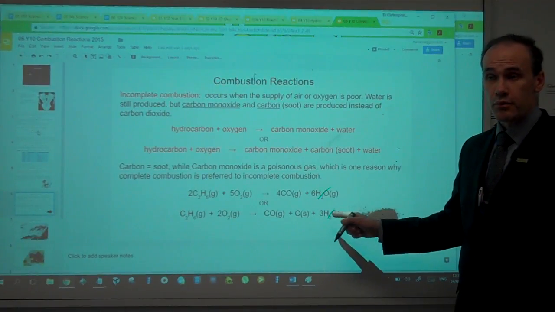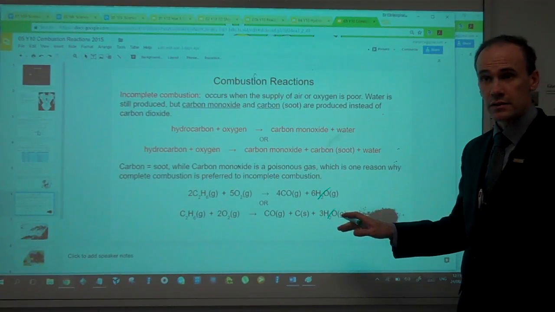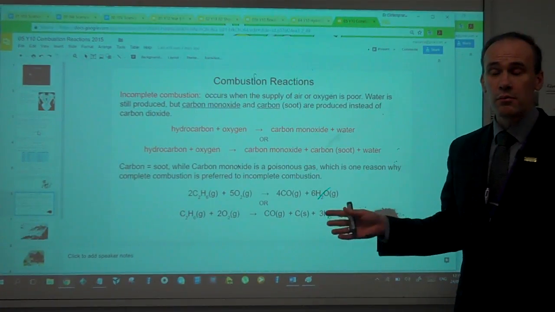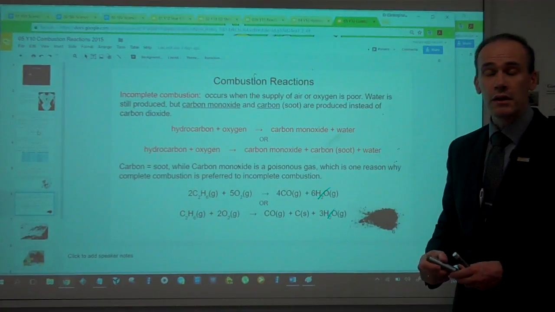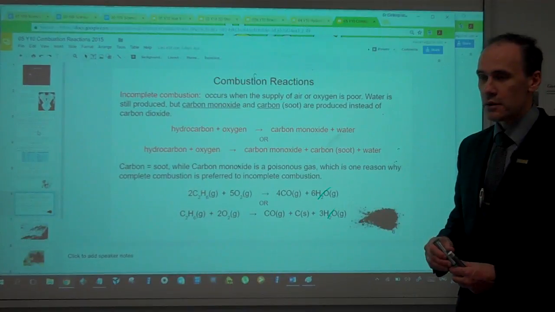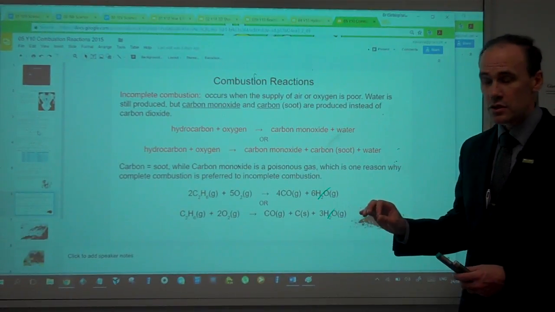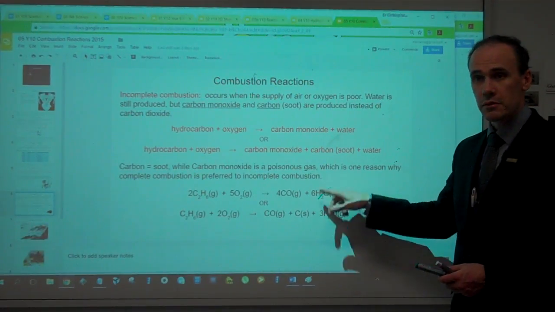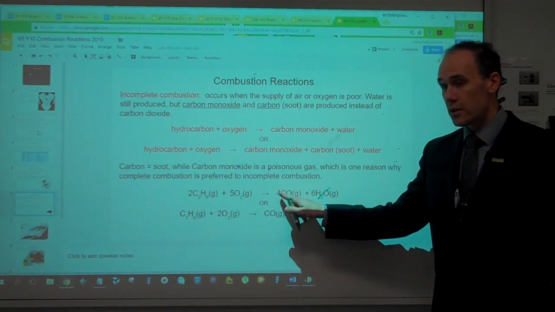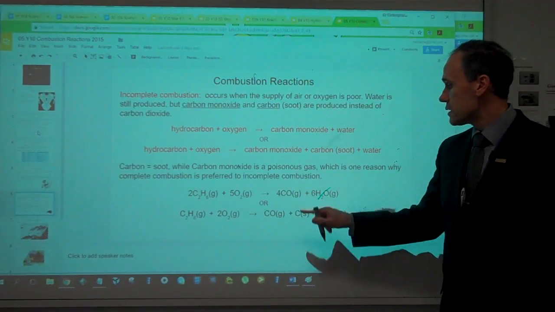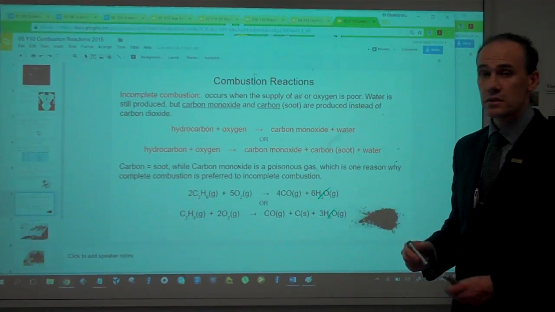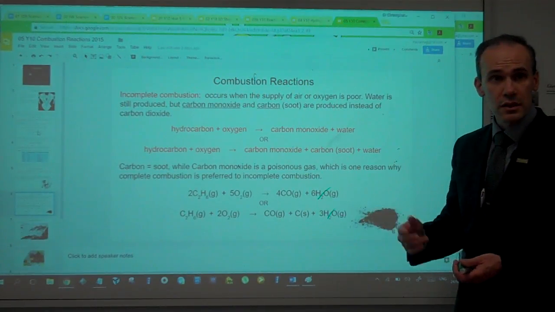So if you're asked for products and you put water, you'll be given no marks. If they say compare complete and incomplete combustion, and you say in incomplete combustion water is a product, you will be given no marks, because during complete combustion you also get water. So water is common to all three. But instead of carbon dioxide, you have carbon monoxide in both cases. And sometimes you have carbon as a solid, which is soot, the ashes that you see.